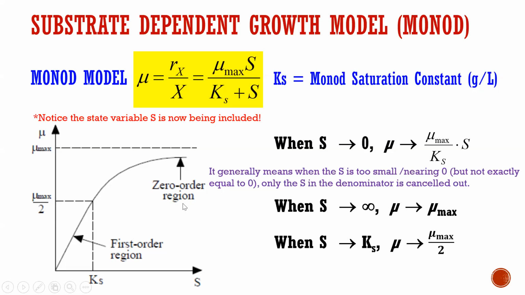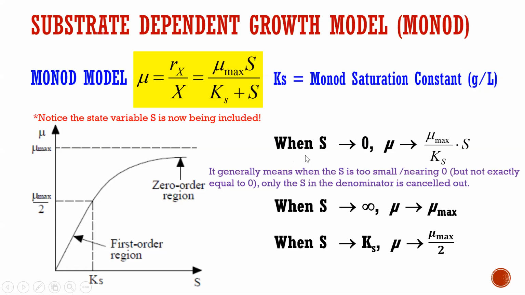So if you try to plot a relationship between mu and the S concentration, the Ks is equal to the half mu max, okay? All right, and the maximum mu is known as mu max, okay? Why is Ks equal to half mu max? All right, we can explain it through this relationship.